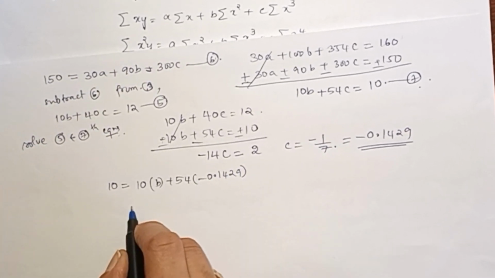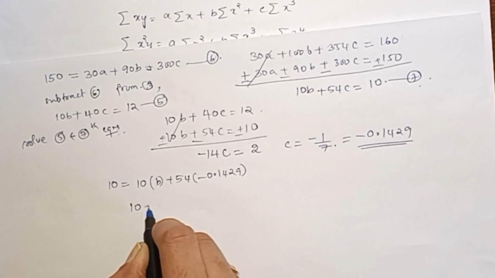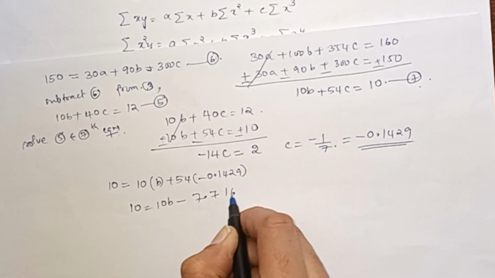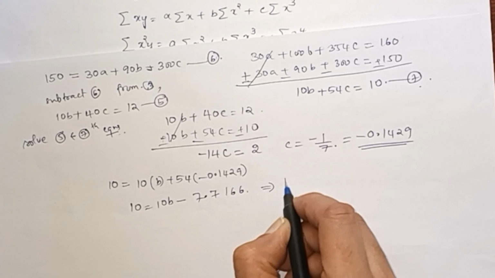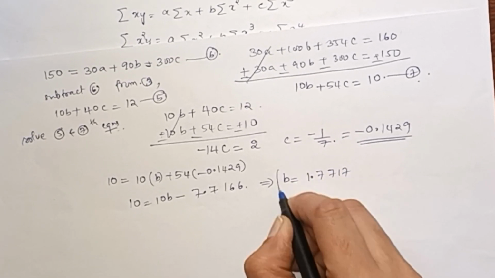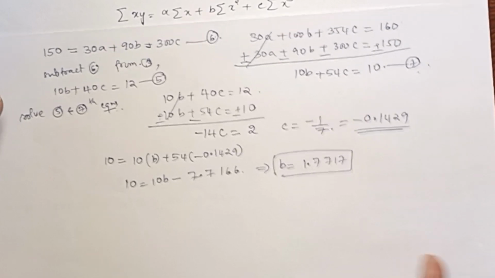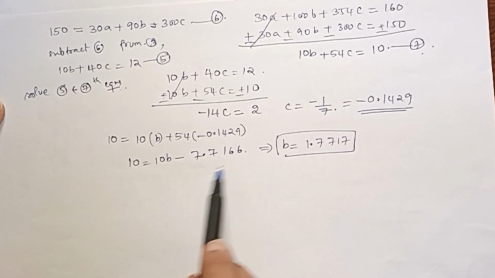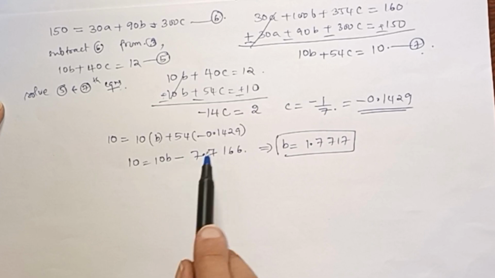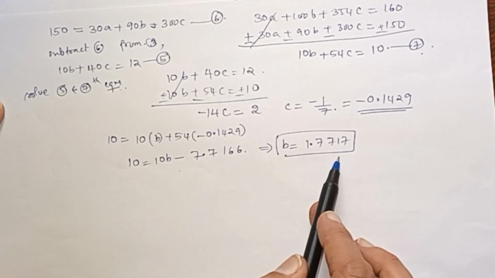So this is nothing but 10 equal to 10b minus 7.7166. So b simplifies to 1.7717. This term has to be taken to the left hand side: 10 plus this value, then divided by 10 gives you the value of b.